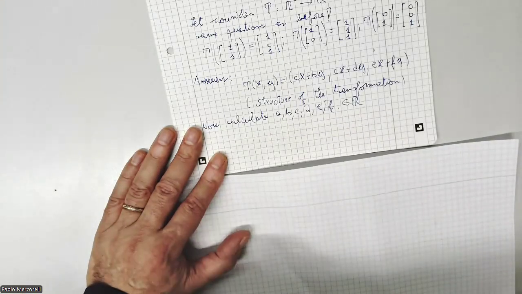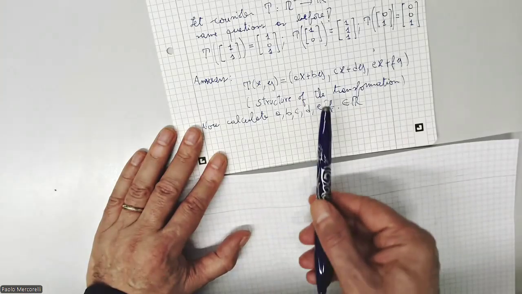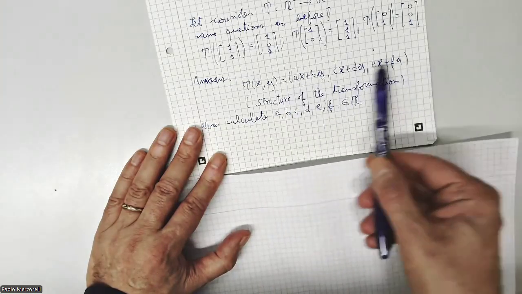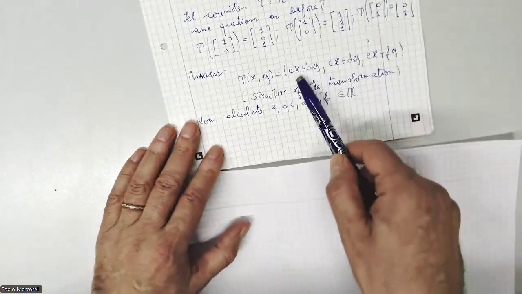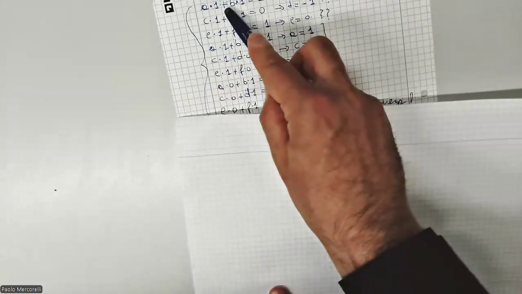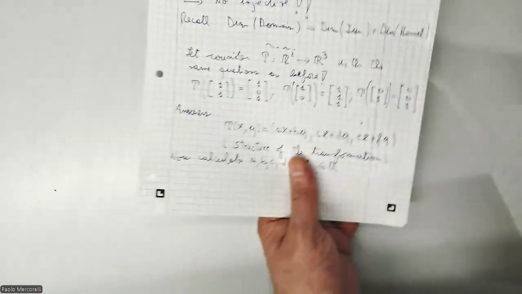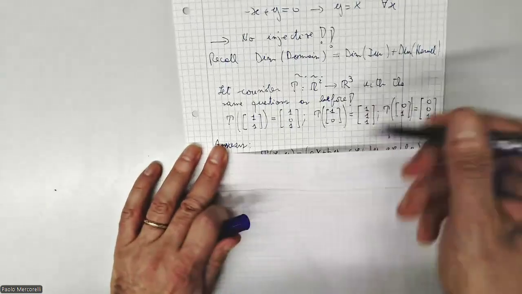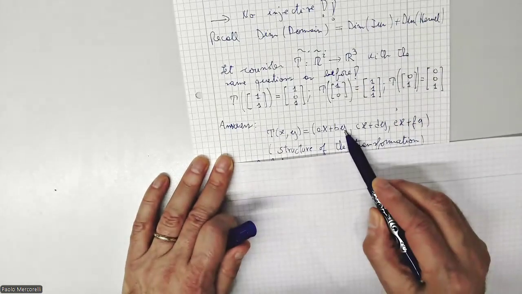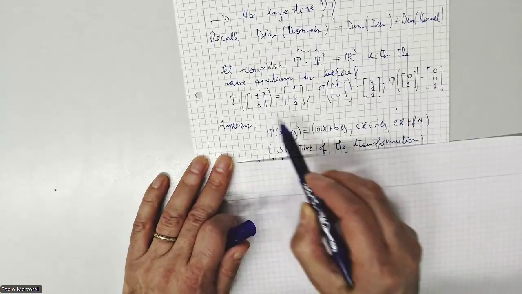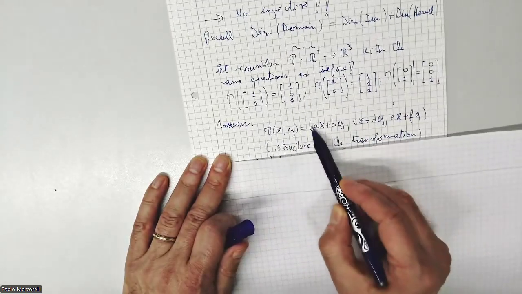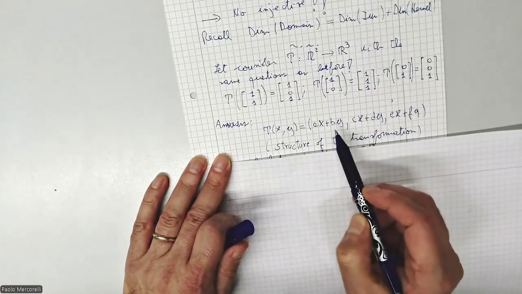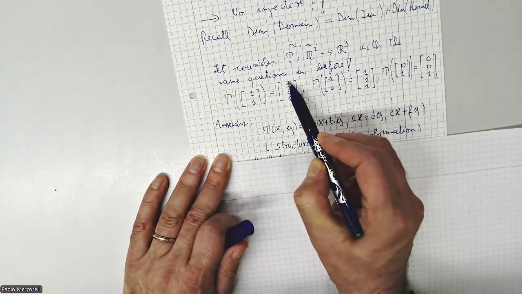In particular, I have a·1 plus b·1, because y is 1, equal to 1, because this element is the first element of this vector.